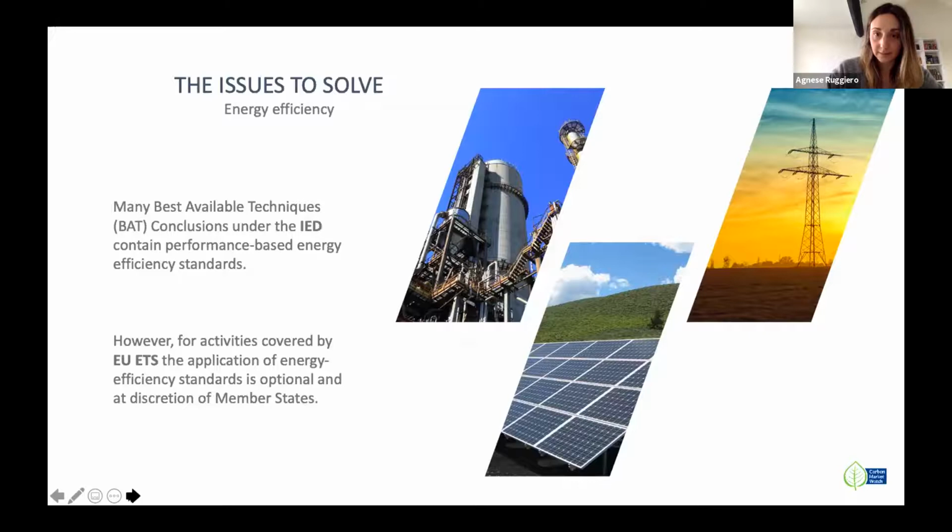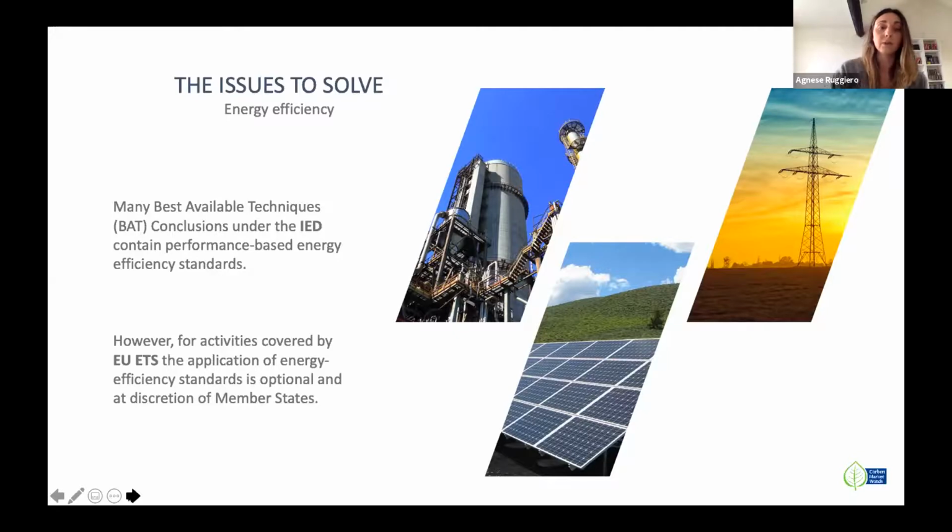And the other element that can be used in the Industrial Emissions Directive is the performance-based energy efficiency standard, which Christian already mentioned earlier, that can lead to fuel switching, for example. These exist at the moment in the Industrial Emissions Directive, so it's not something that needs to be added, but they're not binding. So what we would like to see is that they're made binding and not optional, not at the discretion of member states whether to apply them or not.